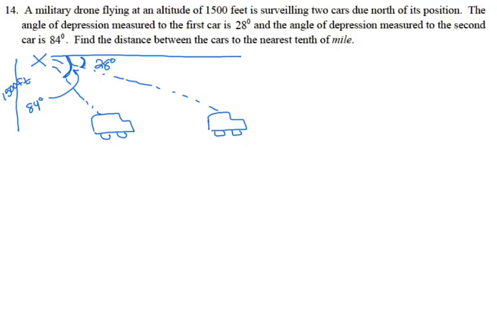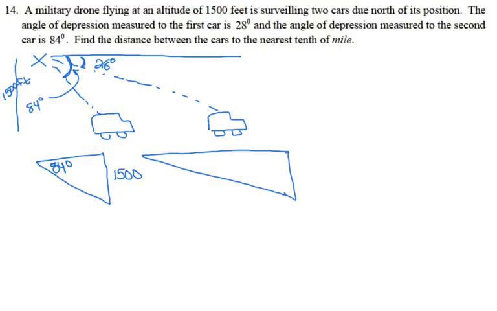So what I can do is I can start to extract out some triangles. So I have this triangle that has the 84 degrees with this height being 1,500. And I have the longer triangle with this angle being 28 degrees and your height also being 1,500. What I'm trying to do is find the distance between these two cars.